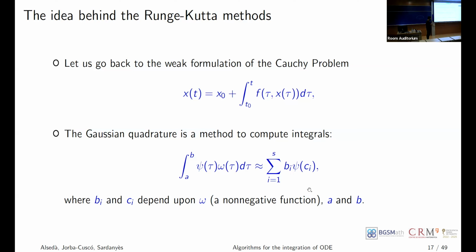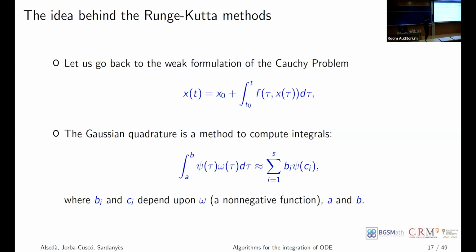These weights and the grid where I'm evaluating the function depend on the weight function, omega, and then probably the initial and the final condition, a and b. But the point is that they do not depend on the function I'm trying to integrate.